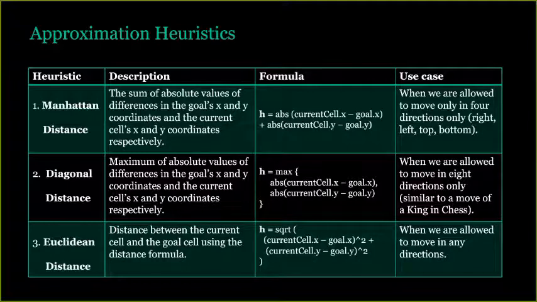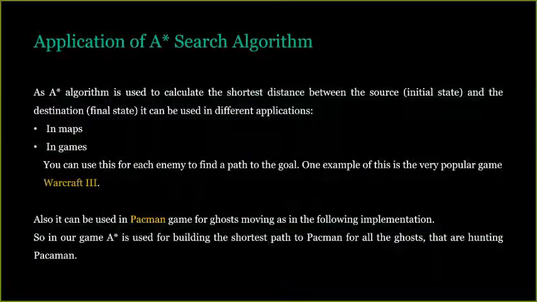But as we have mentioned before, this heuristic can only be used when we know for sure that there are no obstacles in our way. So if you are using the A-star algorithm for its special feature, the ability to find the best path with obstacles on the way, you should choose between the first two heuristics, Manhattan or diagonal distance.